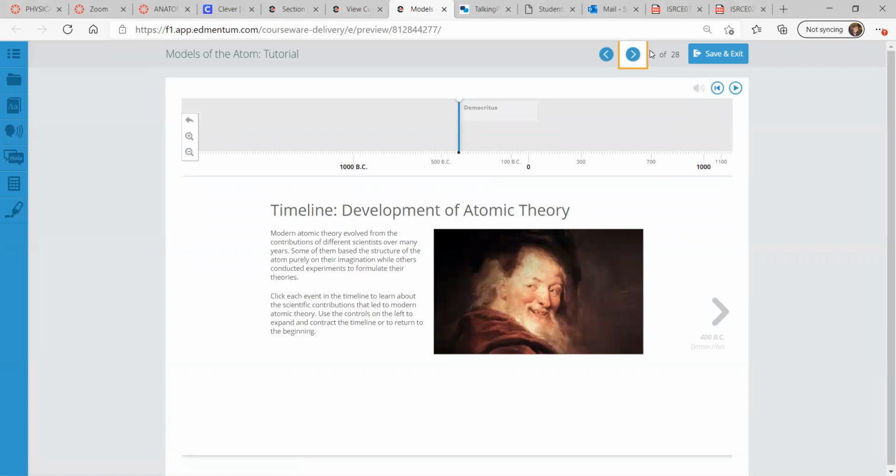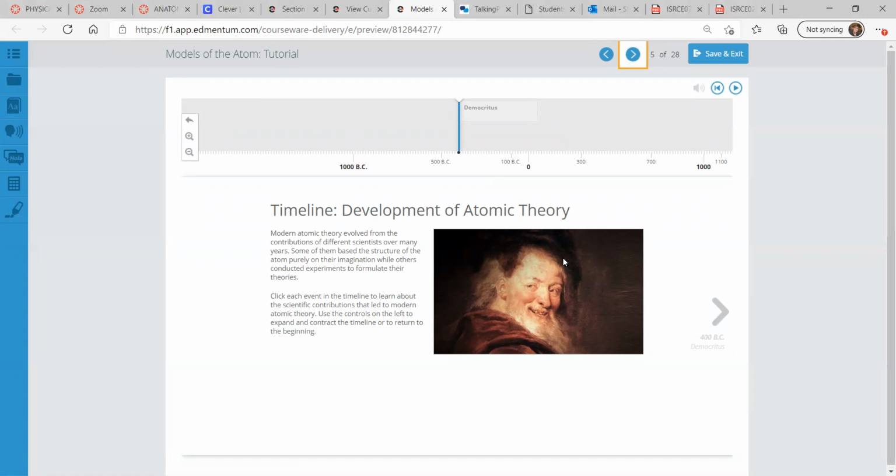So here we're given a timeline of atomic theory. Modern atomic theory evolved from the contributions of different scientists over many years. It's very rare that one scientist just comes out of nowhere and revolutionizes the theory.